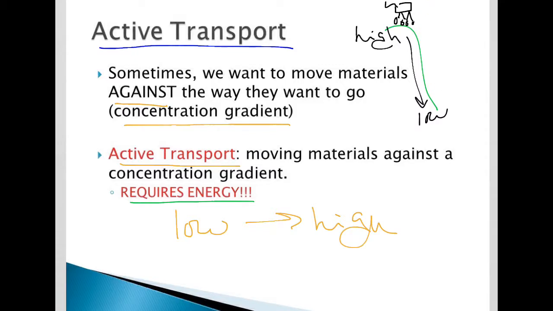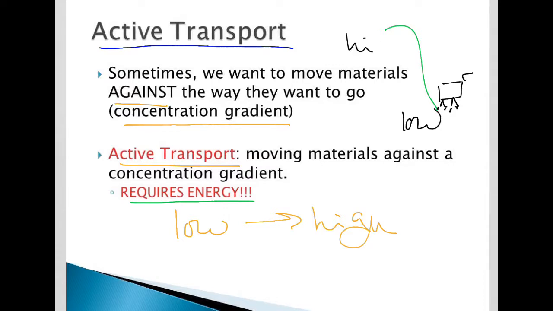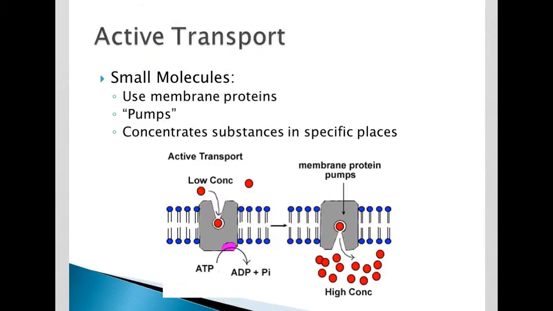If, on the other hand, I have my shopping cart at the bottom of the hill, and I want to move it from low to high, it will take a significant amount of energy for me to push it from low to high, a direction opposite of where it wants to go, and that would be active transport. It required energy to go from low to high.